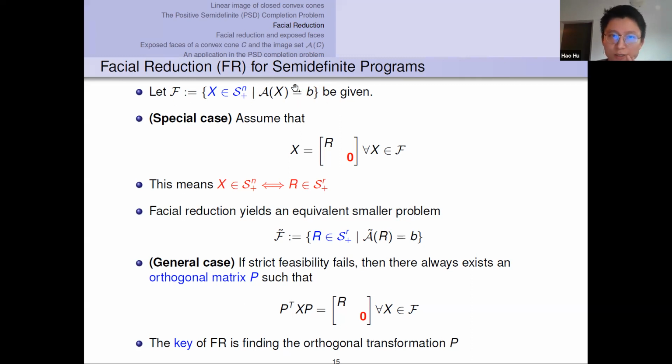So after rotation, you can see that all the feasible matrices have a block diagonal structure, and therefore you can proceed with the same argument as in the special case and end up with a smaller problem. And the whole story about feature reduction is how do we find such an orthogonal transformation P? And this problem is highly non-trivial.